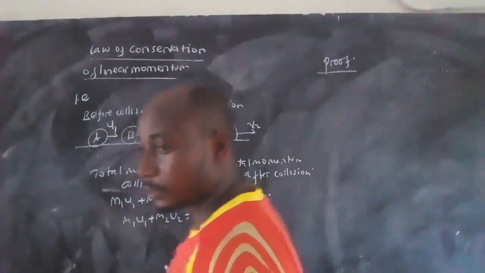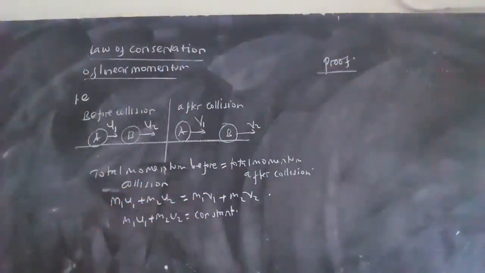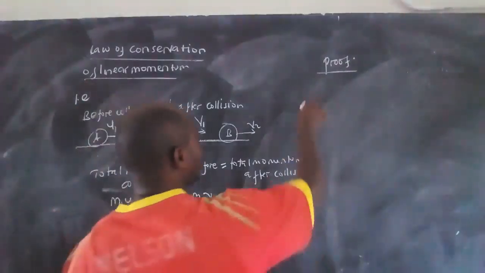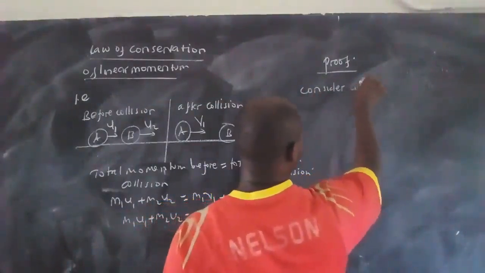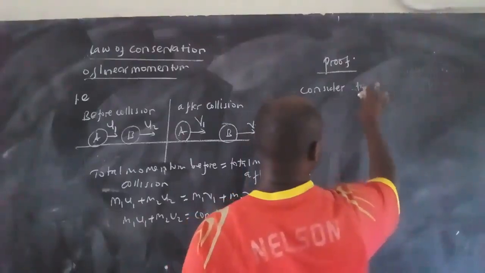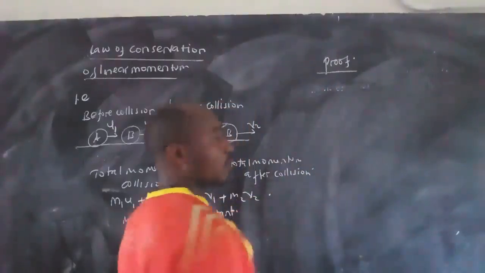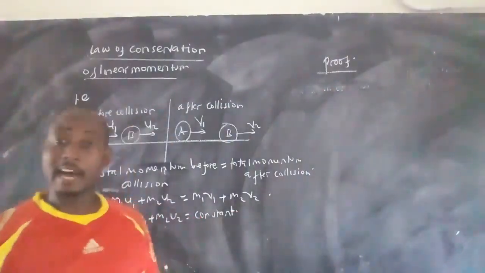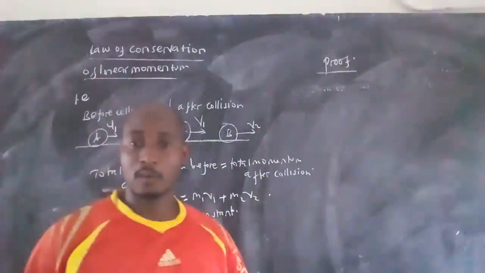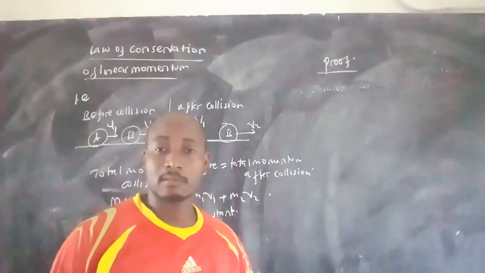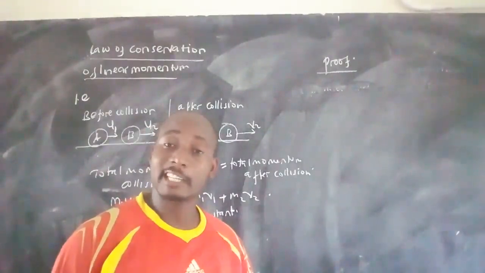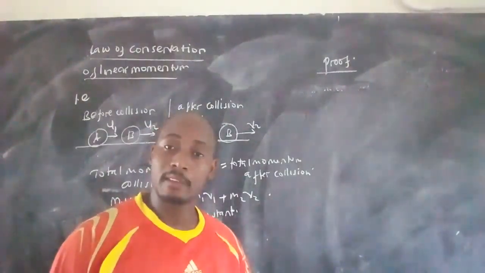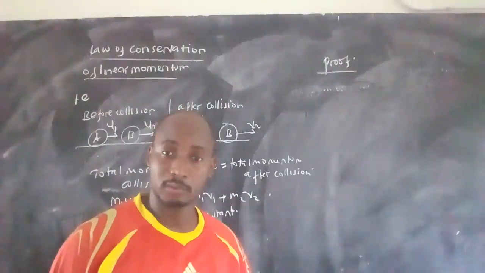Let us do that. Consider two bodies A and B of masses M1 and M2 respectively, initially moving with speeds U1 and U2.